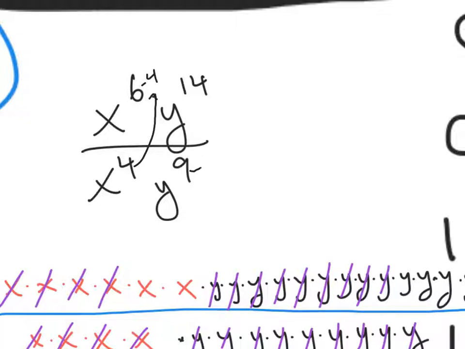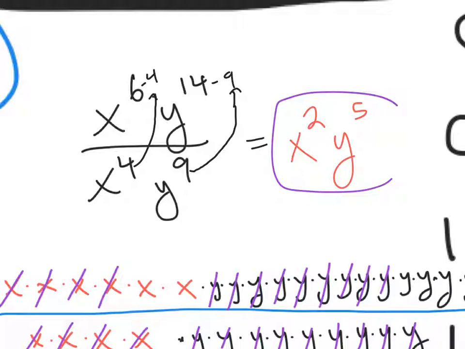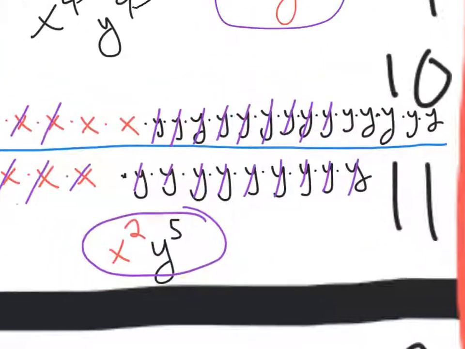And this 9, since it needs to match up with this y to the 14th, we can bring that up there, subtract that away, and you would get on top x to the 6 minus 4, which is just x squared. And then for this guy right here, y to the 14 minus 9 is just the same as y to the 5th power. 14 minus 9 is 5. Look how much quicker that was. And we got the same exact answer.